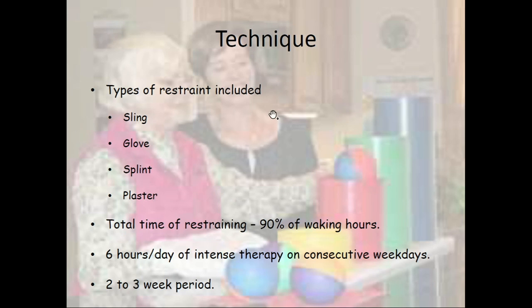For the technique, we can use different types of restraint like a sling, gloves, splint, or plaster applied on the unaffected side. Total time of restraining should be 90% of waking hours as per CMT protocol. The treatment should be given 6 hours per day of intense therapy on consecutive weekdays, over a 2 to 3 week period.